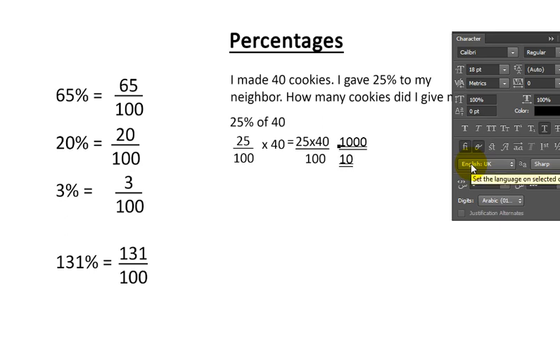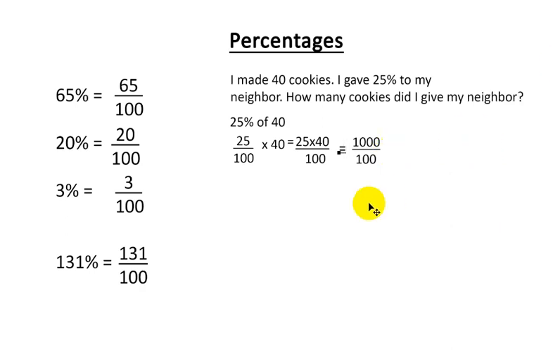The denominator, we said, stays the same. And now, if you remember, we have said many times that fractions are basically division. So in this case, what I would have to do is 1,000 divided by 100. 1,000 divided by 100 is 10.